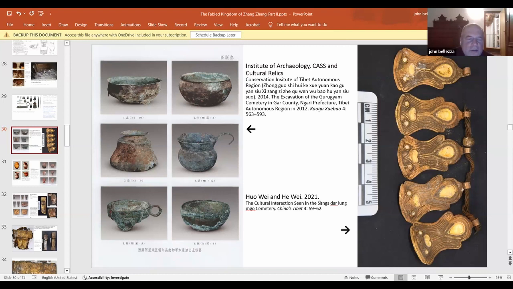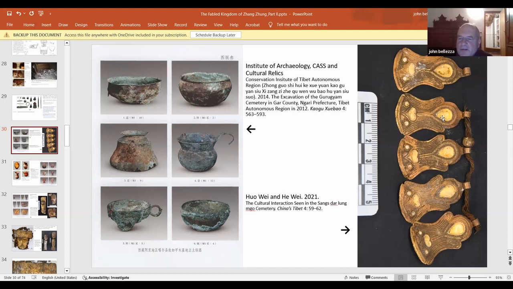Until Sangdarlung several years ago, the largest was Gurjam, these objects here on the left. But now we have an even larger cemetery at Sangdarlung, which is located, interestingly enough, just across the Sutlej River from Toling Monastery, the Buddhist mother monastery of Western Tibet, founded in 996 of the Common Era.